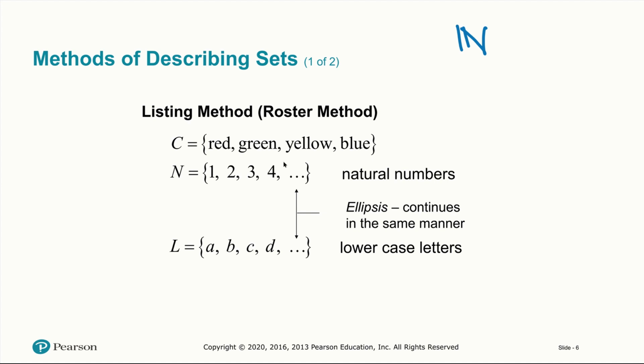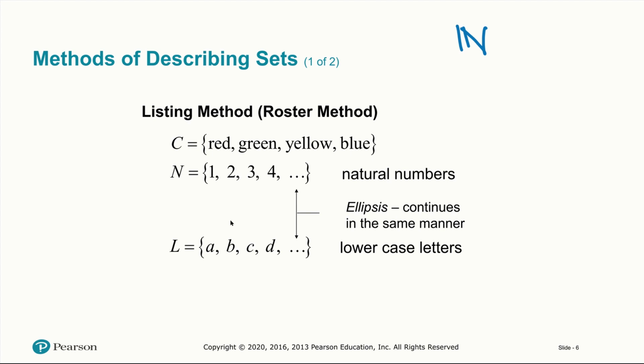Notice this set has infinitely many elements, so you can't list them all, correct? However, since there's a pattern that continues, you can just use 3 dots to indicate the continuing pattern. This set of 3 dots is called an ellipsis.